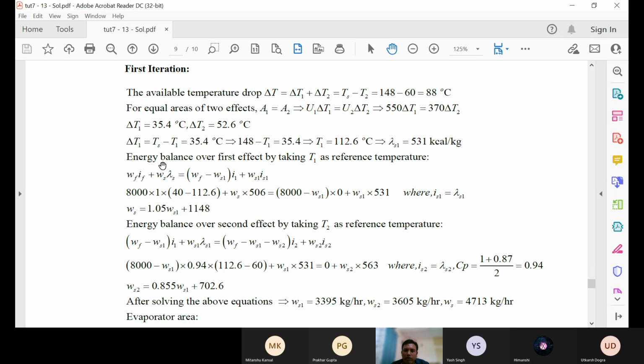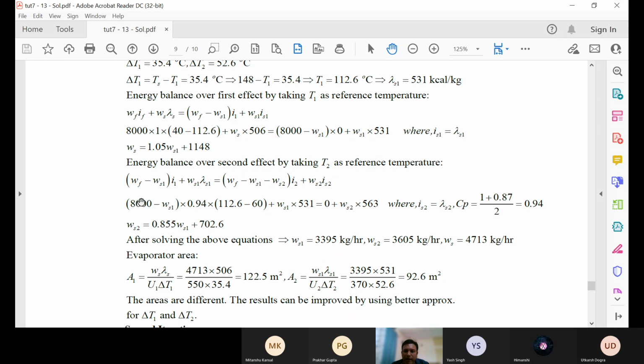Then you find out the T1, calculate lambda S1, and then corresponding to lambda S1 you calculate the latent heat of vaporization, isn't it? Then make a balance, you get this equation. Similarly for the second effect you make the balance, isn't it?